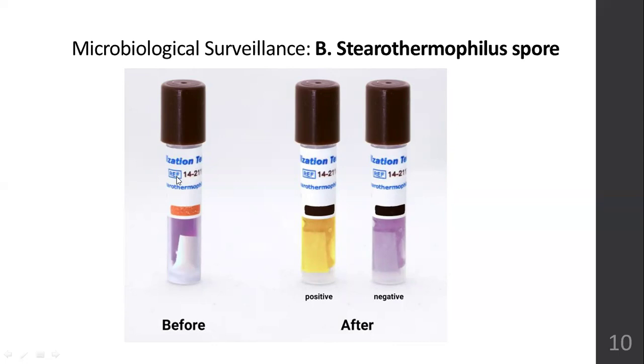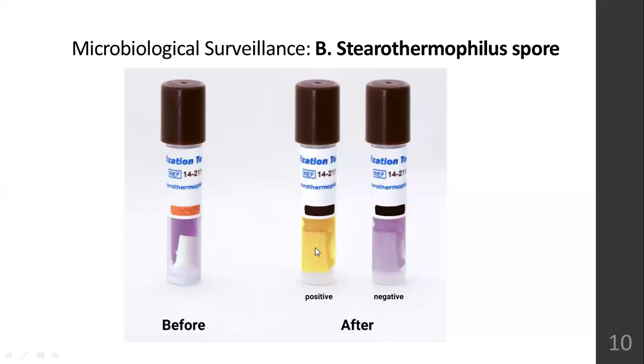Here you can see on the image a B. stearothermophilus spore vial before placing it into an autoclave. This is how it looks, in a light violet color. After sterilization has been done, when you remove this vial, if the color has completely turned into this yellow orangish color, it means you have attained a good sterilization.